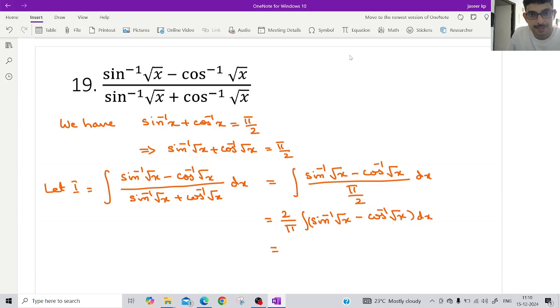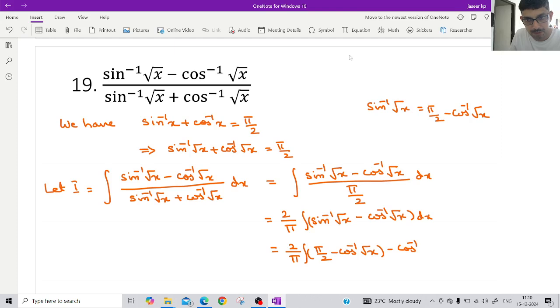Again, using the same result, we can write sine inverse root x as pi by 2 minus cos inverse root x. So that means it will become 2 by pi times pi by 2 minus cos inverse root x, that is for sine inverse of root x, then minus cos inverse of root x dx.